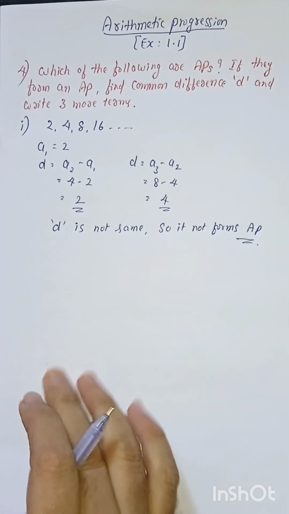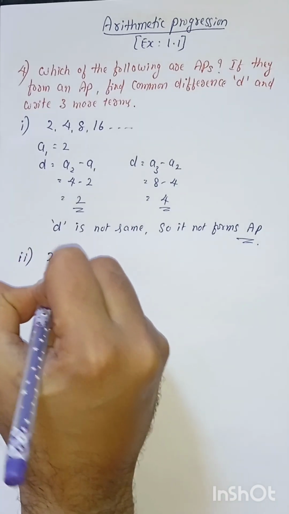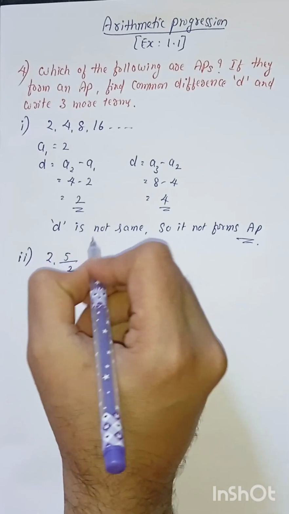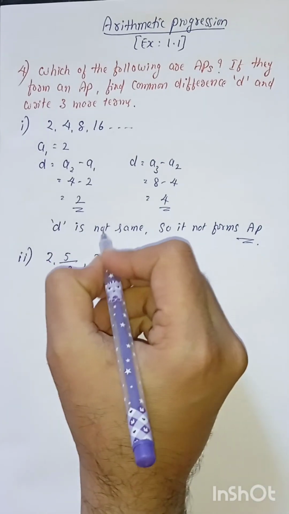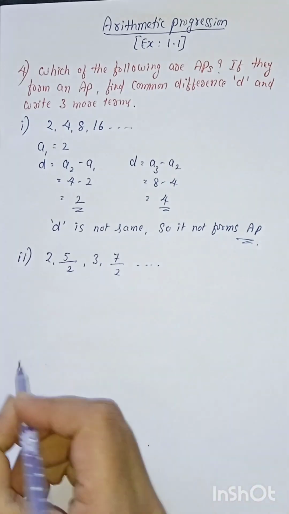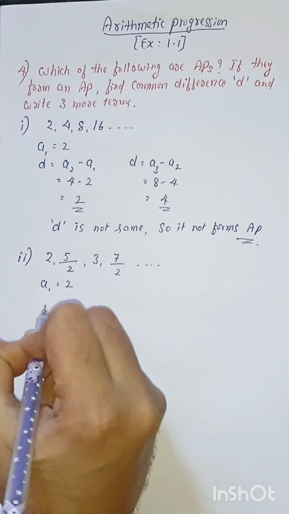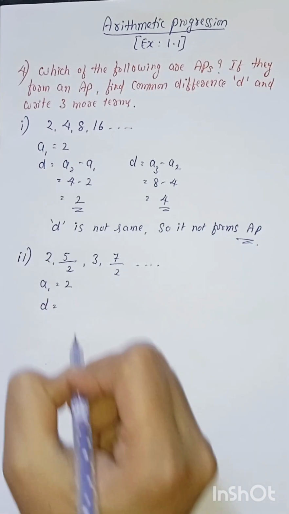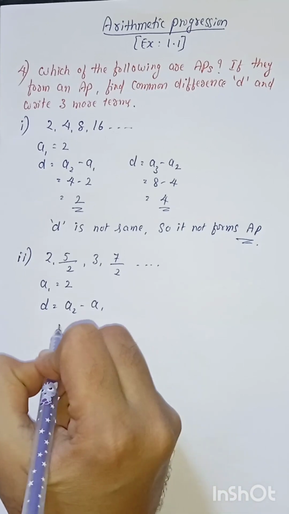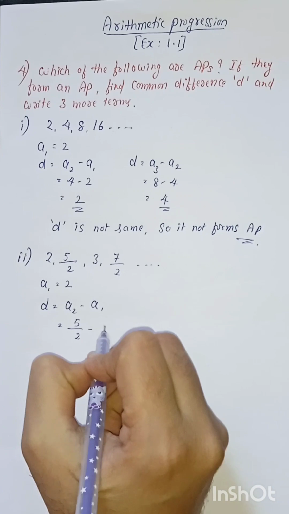Let's move to the second. The second question is 2, 5 by 2, 3 and 7 by 2 and so on. In the same way, A1 is 2. Let's find out the common difference, that is A2 minus A1. What is A2? 5 by 2. A1 is 2.